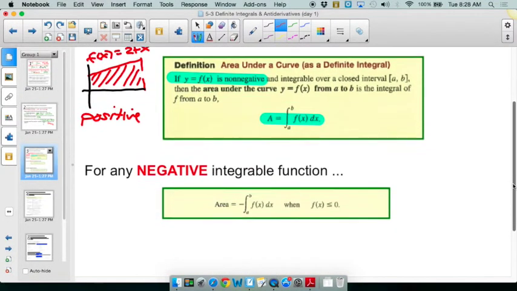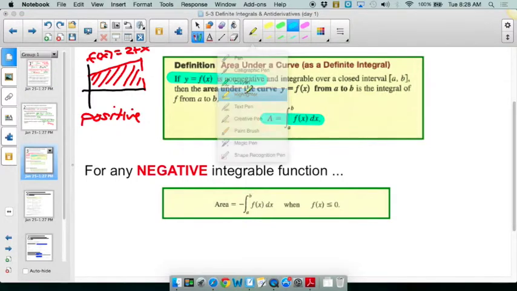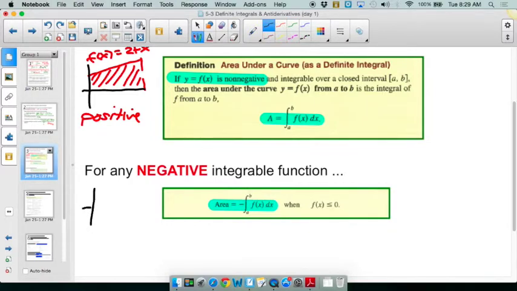And then for any negative integrable function, not sure I said that right, notice it's saying the area is opposite the value of the integral. So my example would be like our cosine function. I had you do that cosine from pi over 2 to 3 pi over 2.